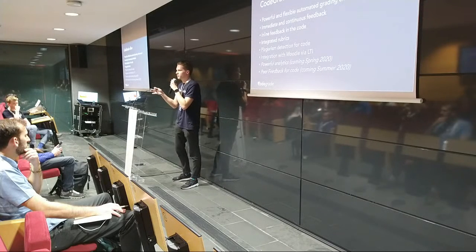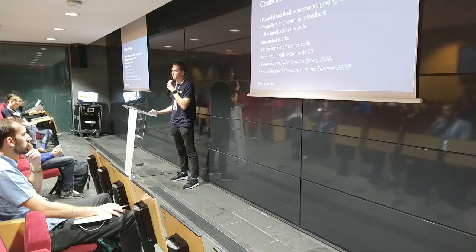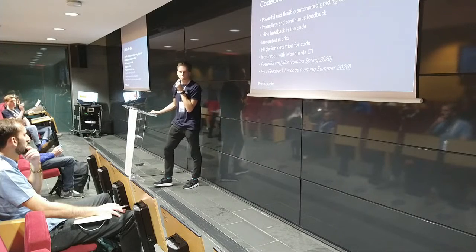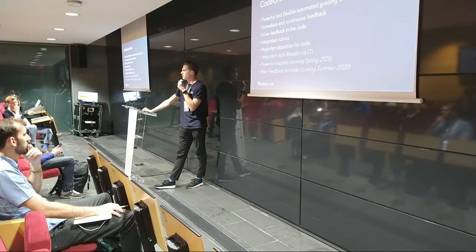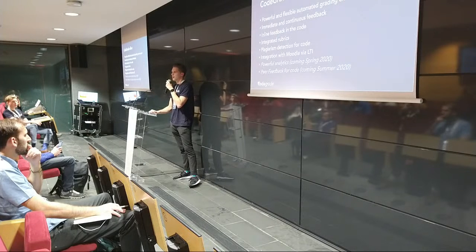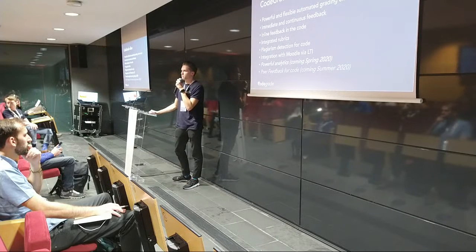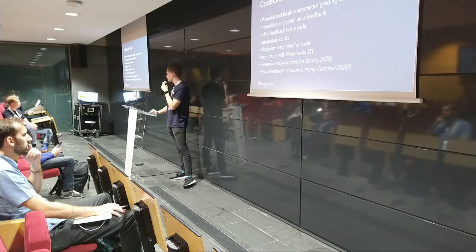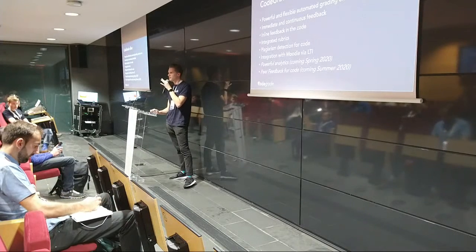And that way you can also create a hybrid, so not grading everything automatically, but also doing some manual grading. We have a plagiarism detection tool, which is designed for code. Integrate with Moodle via LTI or any other LMS. And in the spring, we'll release a powerful analytics dashboard for teachers and peer feedback for code. So I think that was it mostly.